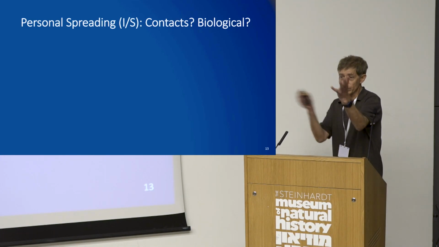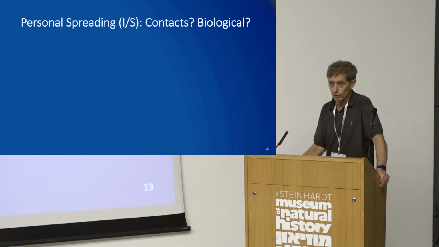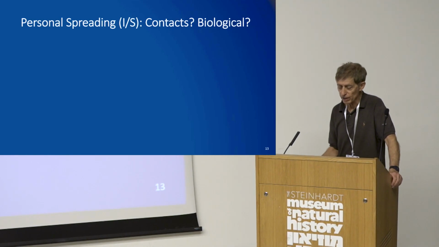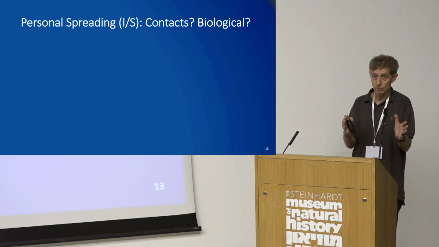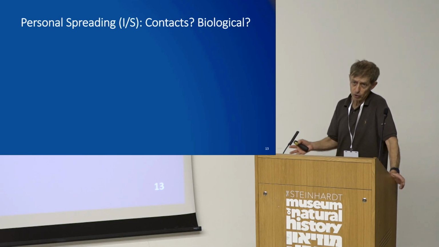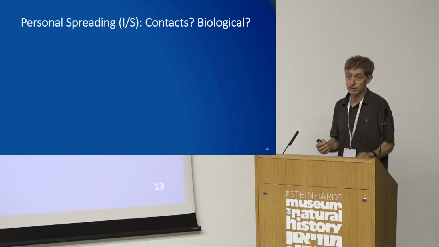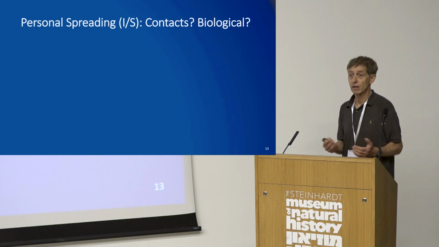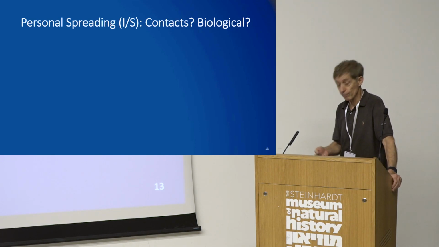There is a question that if I talk to biologists, the question will come up: what is personal spreading, namely infectiousness and susceptibility? Is it due to contacts, which is the model of Oz, Rubinstein, Safra, or some biologists might say that this is some biological feature of a person.